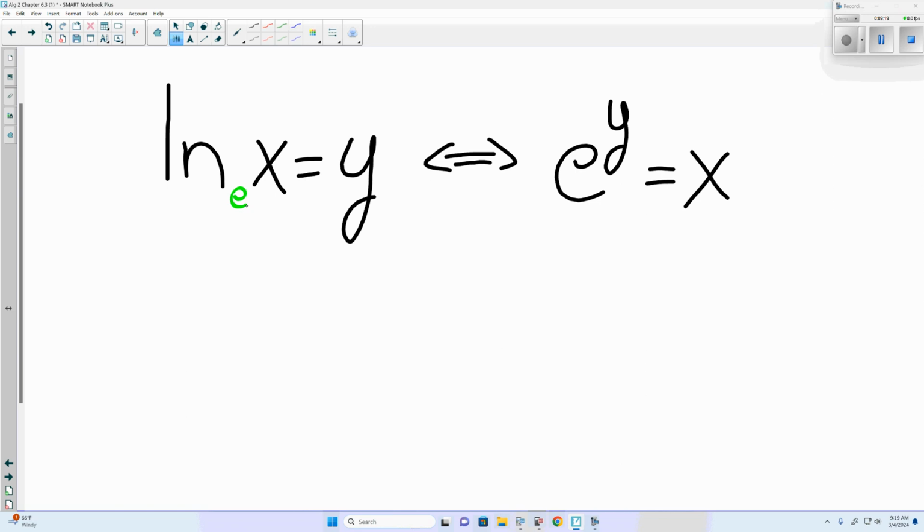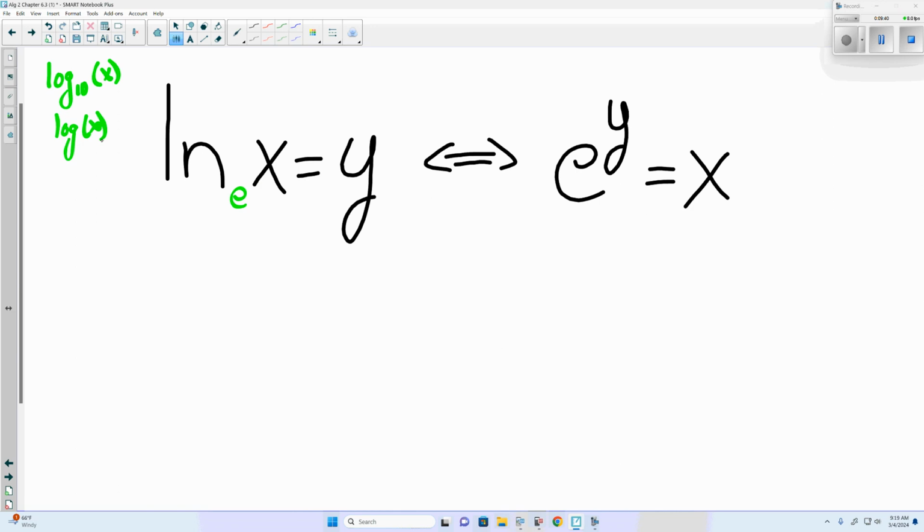And with our logarithms, if the base is 10, we don't have to write the 10. I wanted us to write it on Friday so we got used to seeing it and knowing it's there. And once we get used to that, we don't have to write log base 10 of x. We can just write this as log of x because it's understood. Natural log is the same thing.